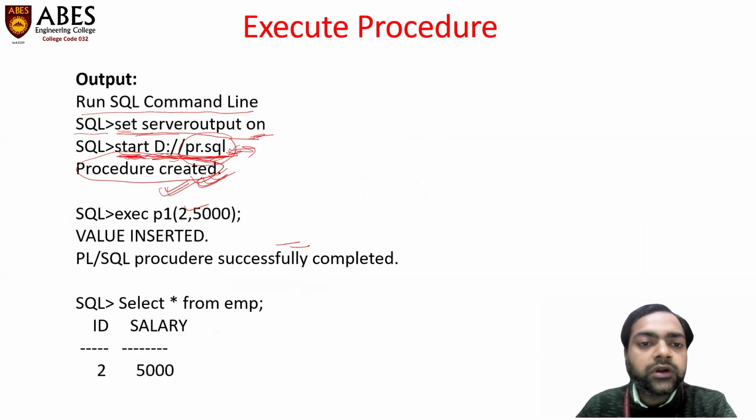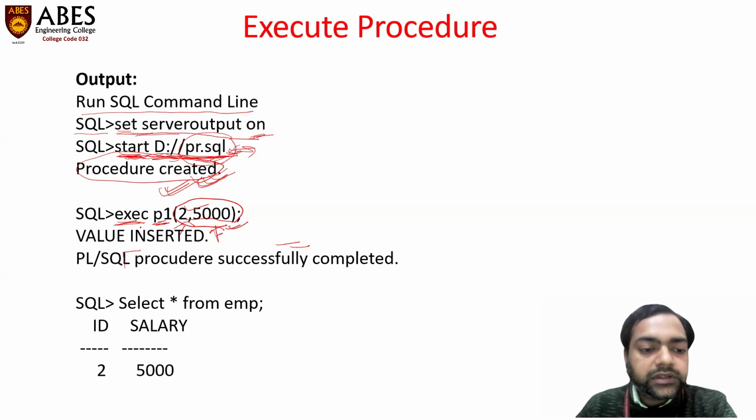Now, what will be the step to execute the procedure? While executing the procedure, we need the exec keyword with the procedure name, and this procedure will accept two values. We have already seen that, ID and salary. ID will be 2 and salary will be, let's suppose, 5,000.